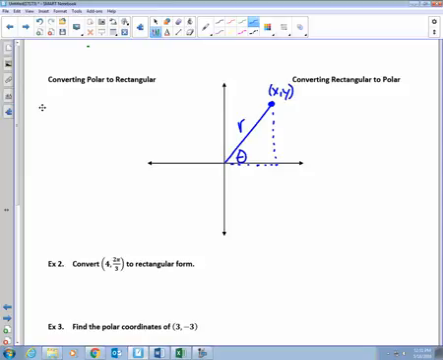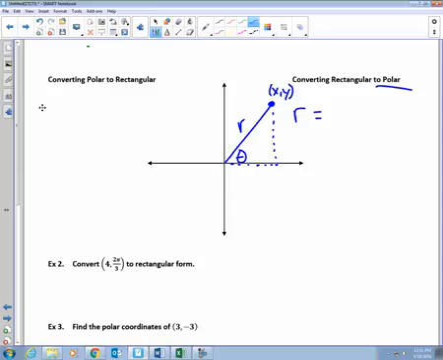It should. So what we want to do is try to convert to polar. So we want to find out two things. We want to know R, we want to find theta.